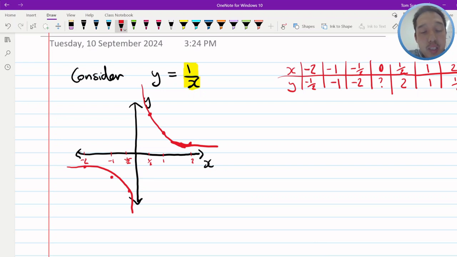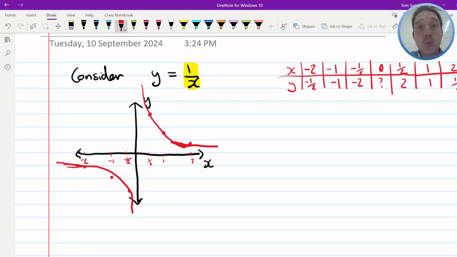And interestingly enough, as x approaches infinity, this approaches 0 but never gets there, and this also approaches 0 but never gets there. I'll try and show that. It'll keep going until it flattens out and never gets to 0.